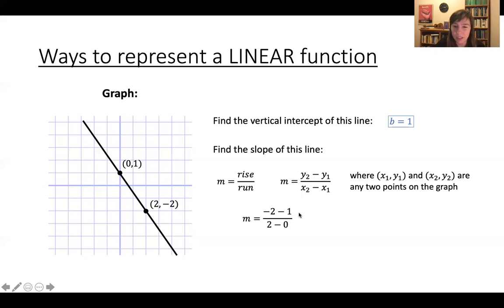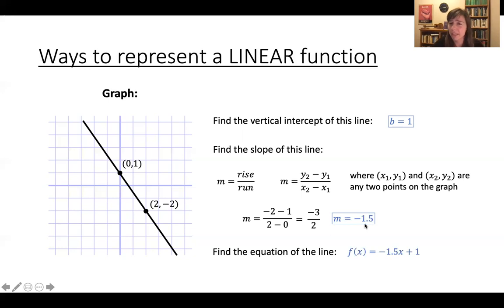So we should get -3 over 2, which I converted to -1.5, but if you prefer to leave it as -3 over 2, that's totally fine. Now that we have the intercept and the slope, we can write the equation of the line. It's -1.5x plus 1.